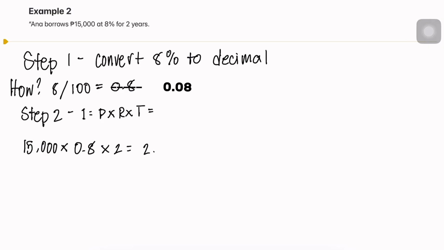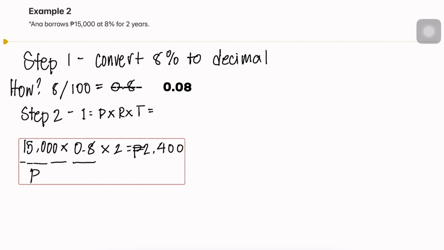Now, for our step 3, let's multiply them. So 15,000 times 0.08 times 2 is equal to 2,400. So the answer for our example number 2 is 2,400.